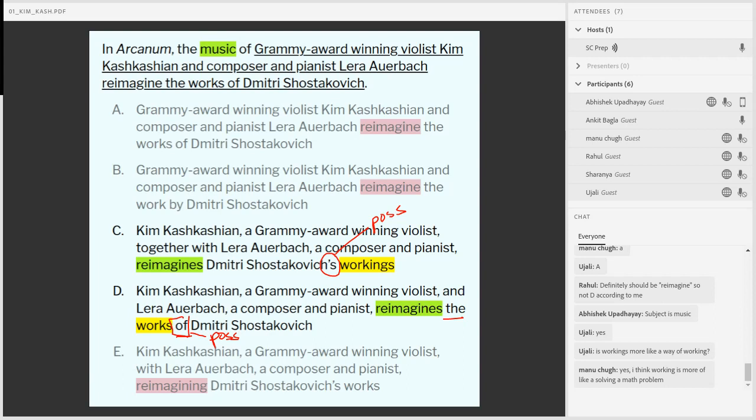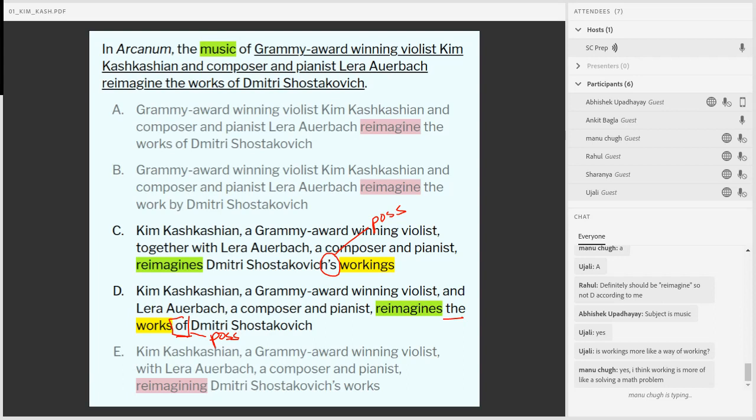Both would be absolutely fine. Now, when we say Dmitry Shostakovich's workings, it is the same as saying the workings of Dmitry Shostakovich. Let me give you another example. If I say Kim Kashkashian's music, would you agree that's the same thing as saying the music of Kim Kashkashian? Yeah. Right. So those are just different ways of forming the possessive.